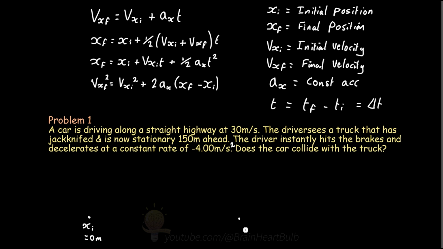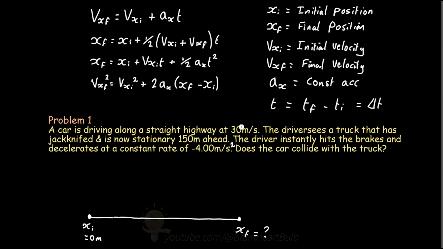Our final position, xf, is the stopping distance of the car while it decelerates at 4 meters per second squared. Now, we don't know what this position value is. We're hoping that it's less than 150 meters. But if this value is more than 150 meters, where the truck is in relation to the car as it starts braking, then the car is going to smash into that truck.